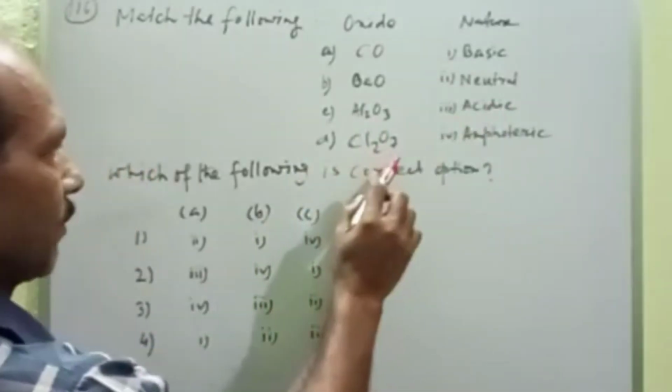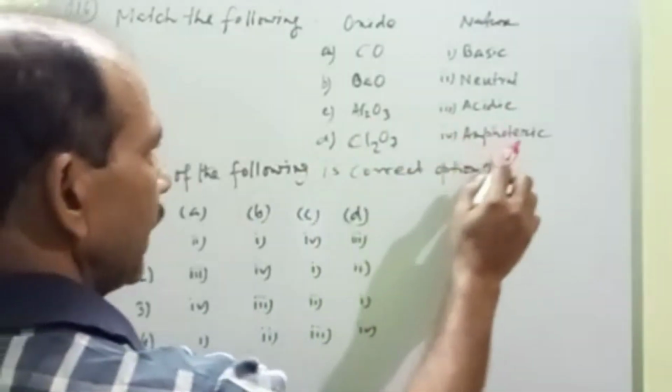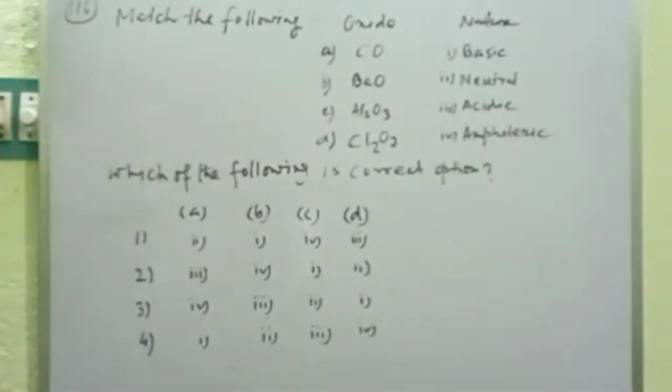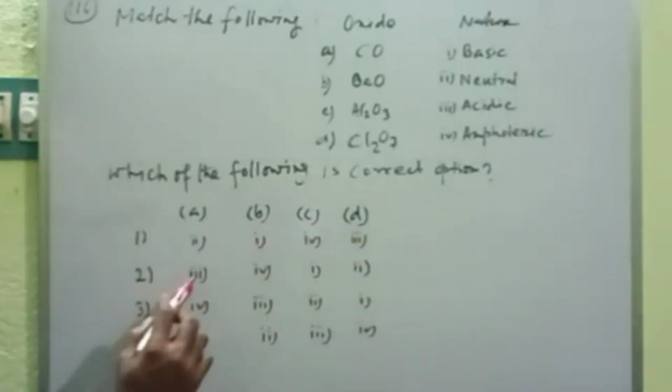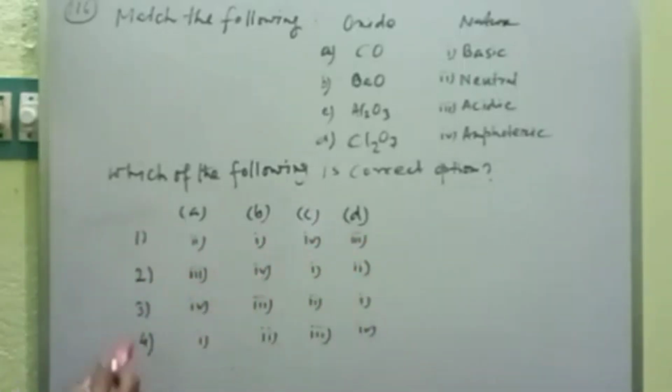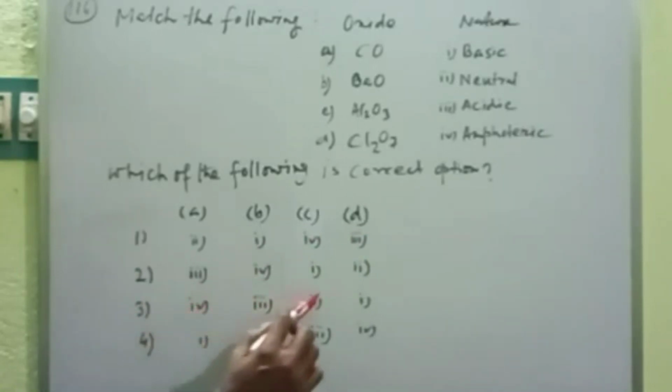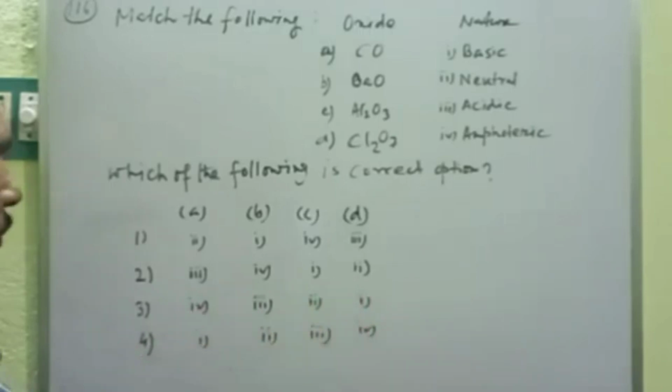D. Cl2O7 4. Amphoteric. Which of the following is the correct option? A, B, C, D given as 1, 2, 1, 4, 3, 2, 3, 4, 1, 2, 3, 4, 3, 2, 1, 4, 1, 2, 3, 4.